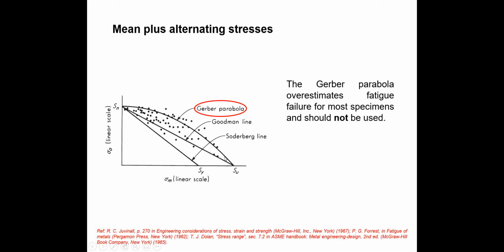This is kind of overestimating. You can see these dotted points are actual data. They already found the fracture points for materials with sigma M and sigma A applied together. With Gerber's parabola, you can see many data points inside, but even though they failed, they are inside.